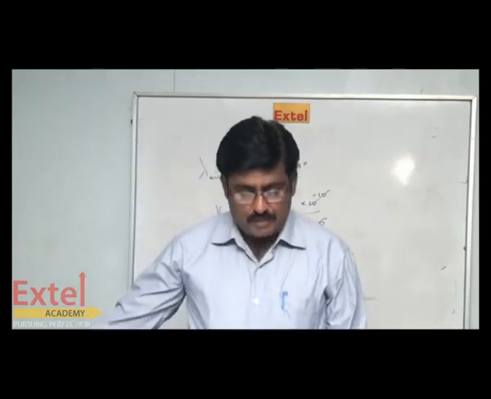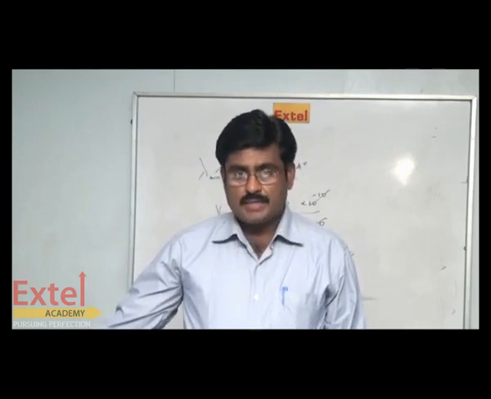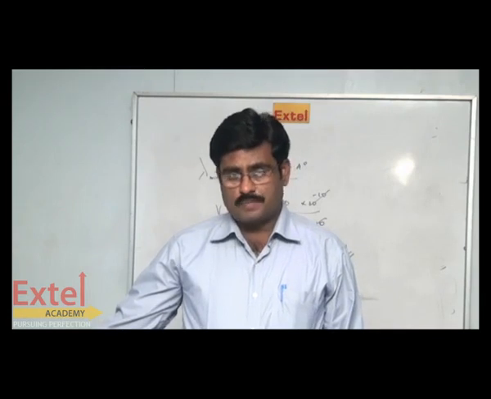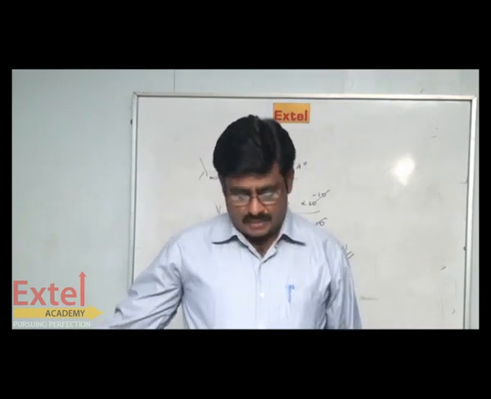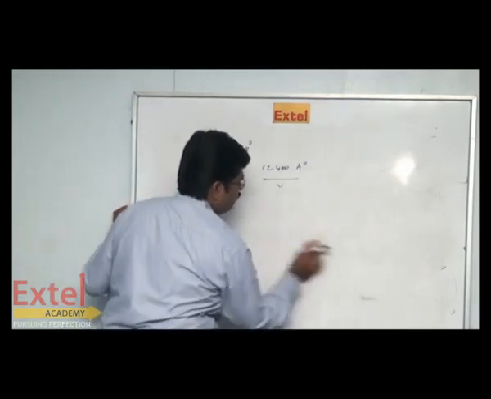The last one: find the minimum wavelength of an X-ray produced by an X-ray tube at 1000 kilovolt. So this is the last problem in the exercise. Find the minimum wavelength. So the same formula can be applied.